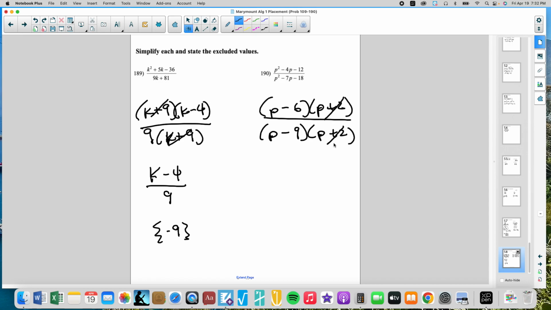These p plus 2's will cancel. You're left with p minus 6 over p minus 9. The p's can't cancel, nor the 6 and the 9, even though we have common factors, because they're adding and subtracting. And then our exclusions are negative 2 and positive 9. So we look at both of them. What would make that 0? What would make that 0?